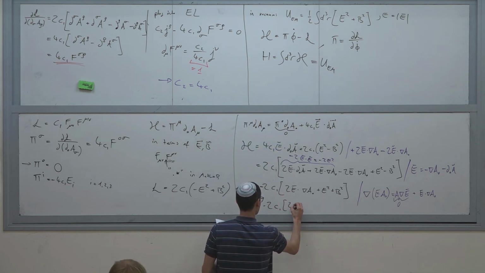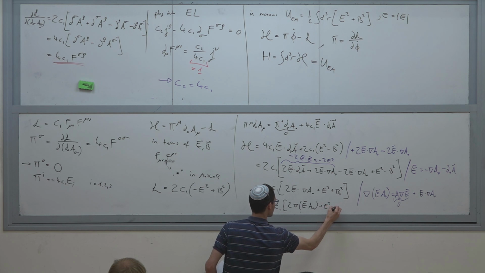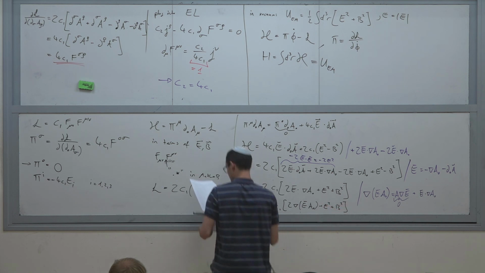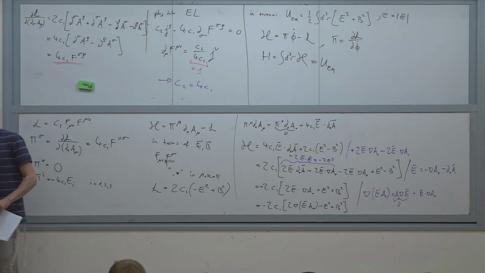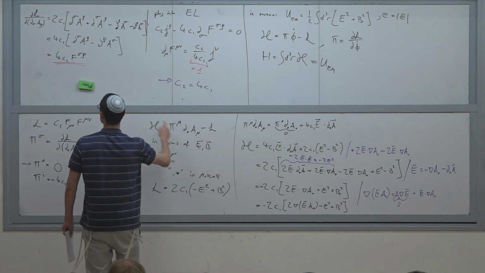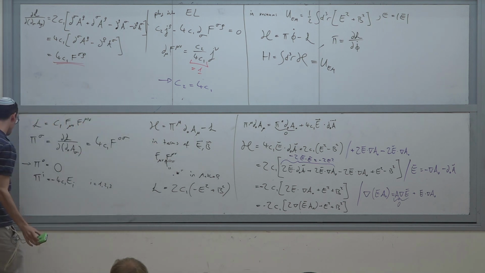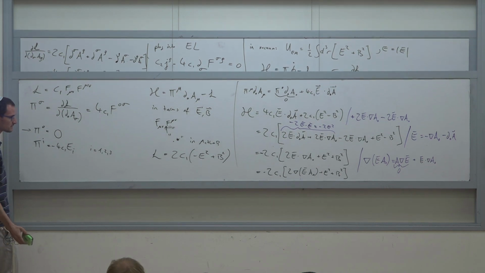So this is 2 div(E A0) plus E squared plus B squared. And now finally, last step: this is the Hamiltonian density, and we want to compare this with the actual Hamiltonian, so we have to integrate over all of space.